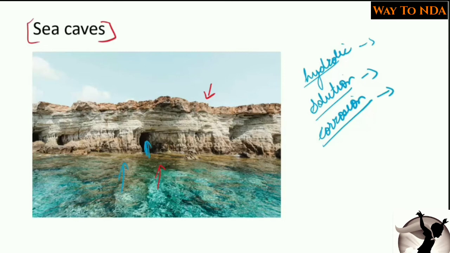So due to these three actions, the sea caves are formed. Waves will hit this coast, and slowly and steadily it will go inside, and these sea caves are formed. So sea caves are formed due to the action of the waves, remember.